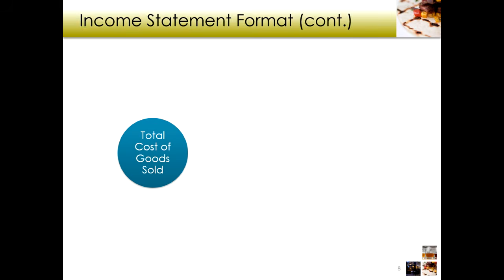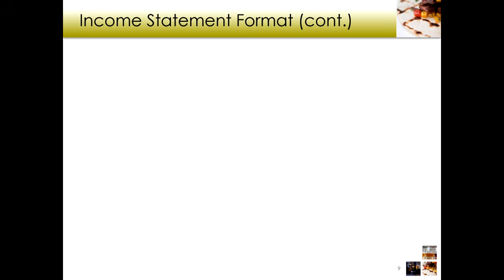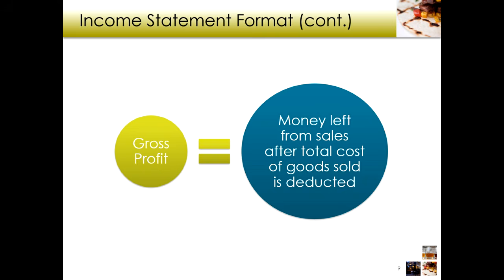Okay, so then our total cost of goods is going to be our food cost and our beverage cost, which becomes our cost of goods, and then we could compare that to our total sales, right? Gross profit is there. As we go through the income statement, there's going to be little lines that I call check-ins, and gross profit is one of those. Gross profit is what money we have left after our total cost of goods is deducted.